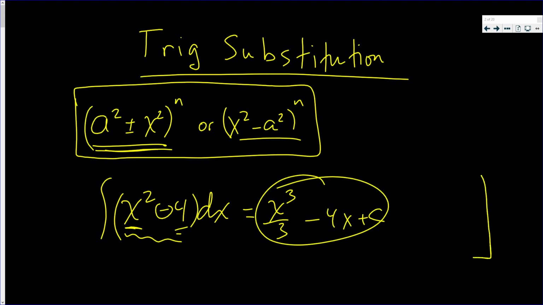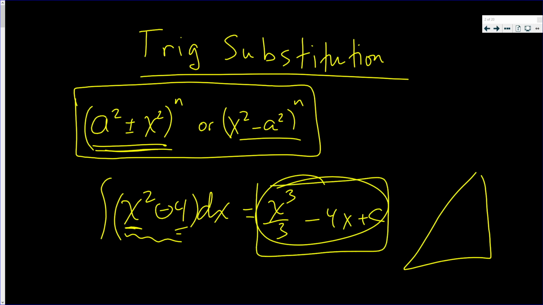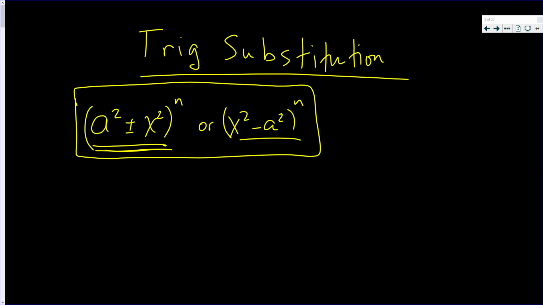Before I can even draw the triangle to do trig substitution, I wrote down the answer. So you really want to try to get out of using trig substitution. But sometimes you can't, and that's what this video is all about.